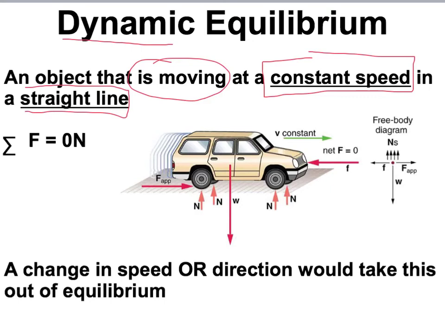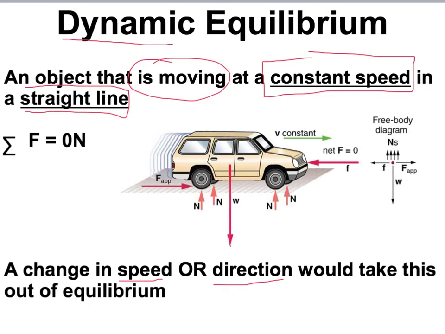In this example, if the car changed its speed or its direction, now this car wouldn't be in dynamic equilibrium anymore because there would be a net force. Now this is a little bit confusing to imagine how the net force on a moving car is 0 newtons. So let's look at this force diagram and kind of dissect it.